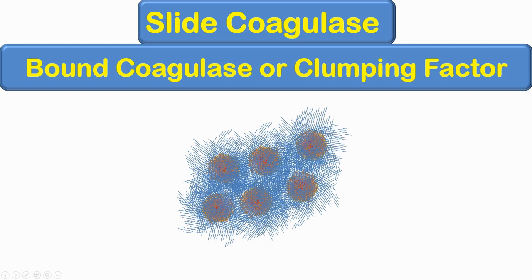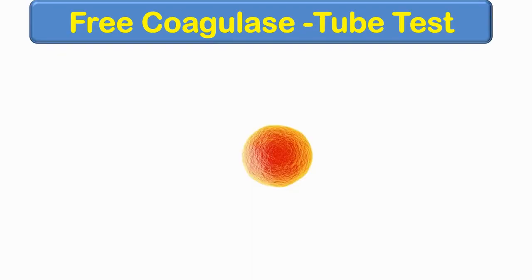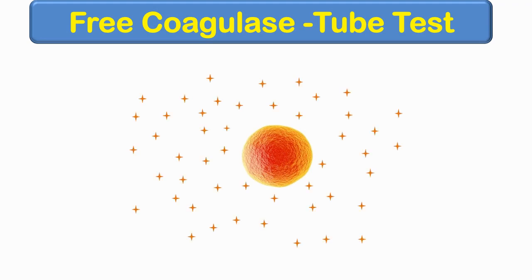The sensitivity of the slide coagulase test is low. It is not produced by all pathogenic Staphylococcus aureus strains and may give false negative results. So a negative slide coagulase test must be confirmed by doing the tube coagulase test, which is a more sensitive test. Free coagulase is produced by Staphylococcus and can be detected by doing the tube coagulase test. The free coagulase is also called staphylocoagulase.